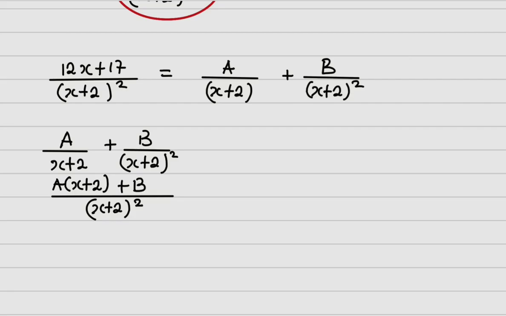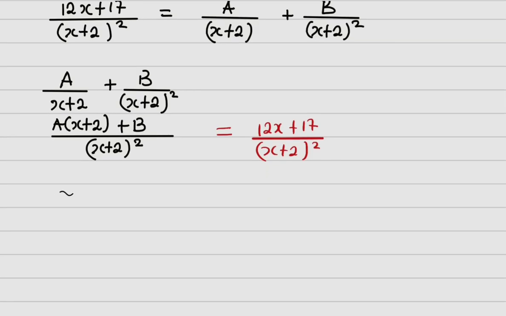Putting it side by side with our expression 12x plus 17 all over x plus 2 all squared, since the denominators are the same, the numerators will be the same. So I'm going to have a into x plus 2, then plus b, equals 12x plus 17.